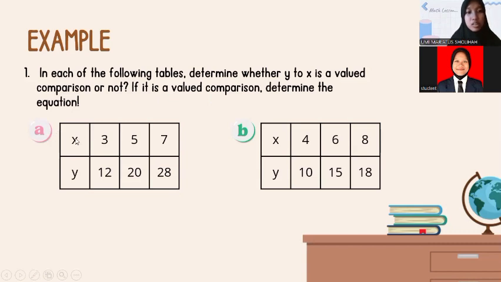And A, x is 3, 5, and 7, and y is 12, 20, and 28. Okay. So number 1A is value comparison or not.